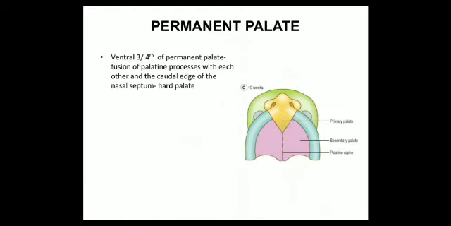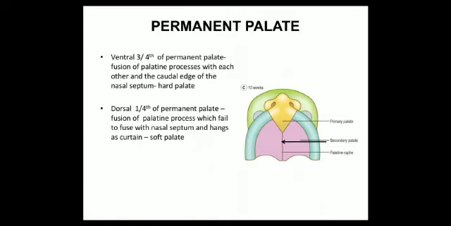The ventral 3/4 of the permanent palate is formed by fusion of the palatine processes with each other, and the caudal edge of the nasal septum forms the hard palate. The dorsal 1/4 of the permanent palate forms from the palatine processes which fail to fuse with the nasal septum and hang as a curtain, that forms the soft palate.